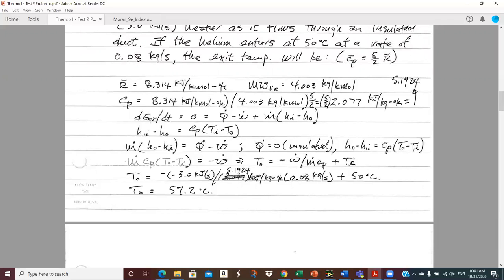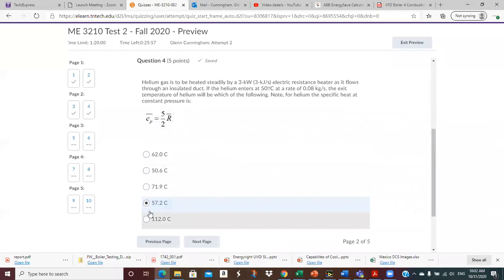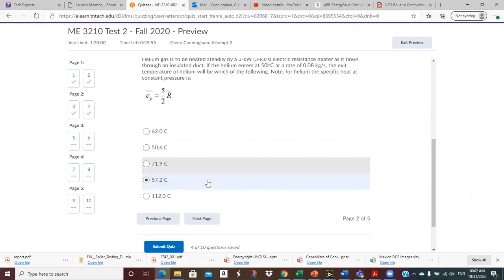So the delta T is the same, whether you do degree K or degree C. So that allows you to go ahead and work directly in degree C. If you don't want to do that, you can convert everything to degree K and then back to degree C, and you'll get the same. So we get 57.2.